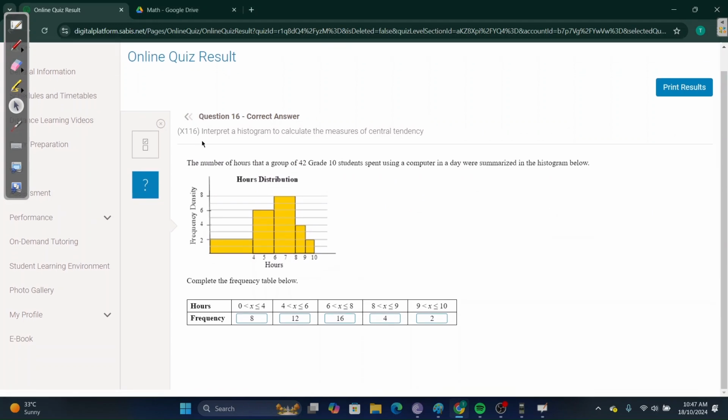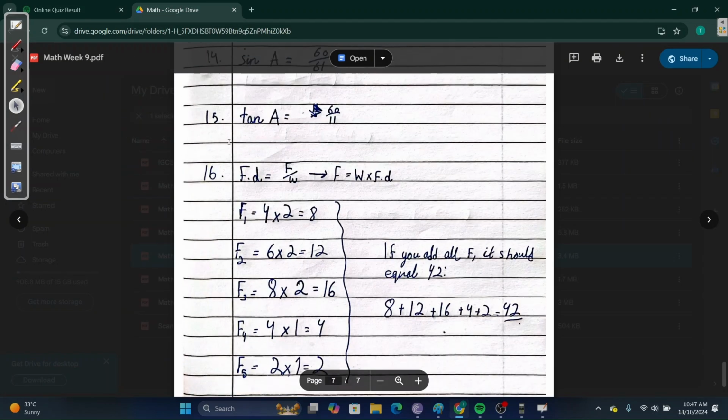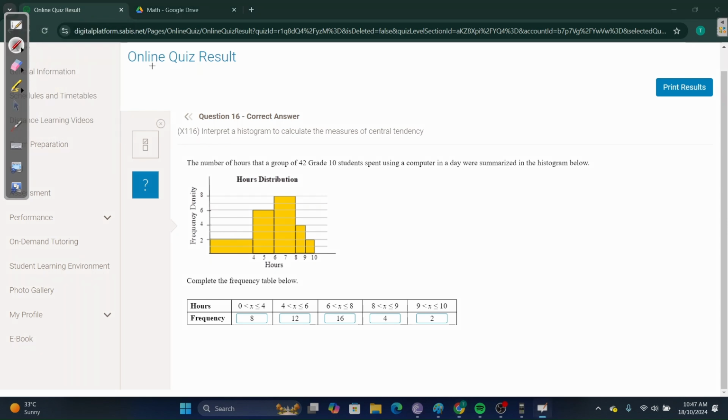This is about how to find the frequency given the histogram and the frequency density. Okay, so we go down to question 16. Now, the frequency density is equal to the frequency divided by the width.